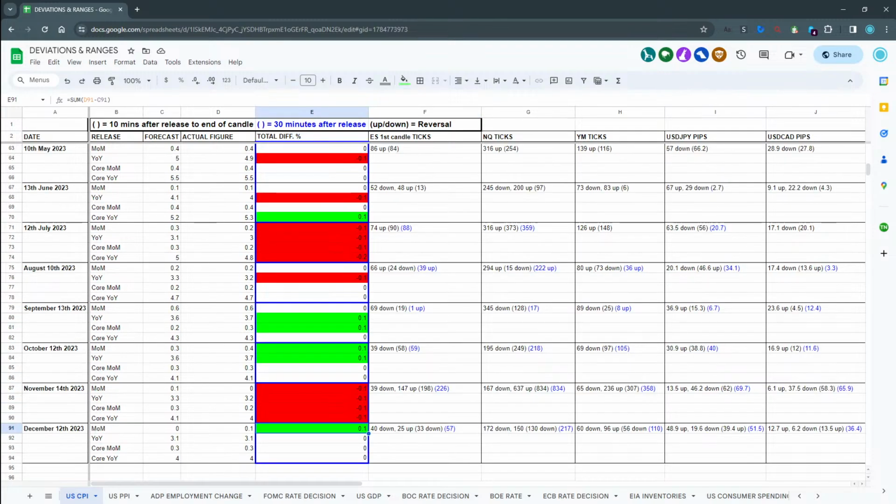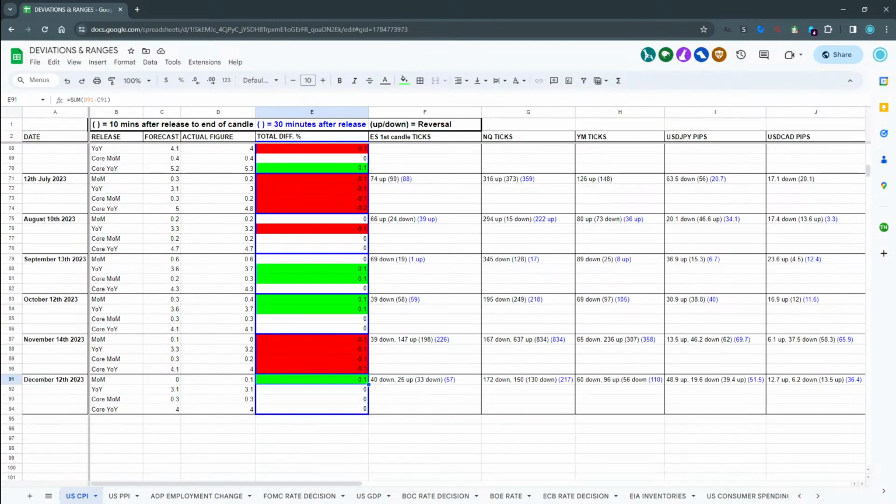If there is mixed data, then that could also hinder what the markets could be thinking, and it might make it more difficult to decide which way to trade because the markets will also be trying to figure out which way they should go. Like last time around, when there weren't any deviations, but some of the figures were higher than the prior figures or lower than the prior figures, it made it more difficult to determine which way.